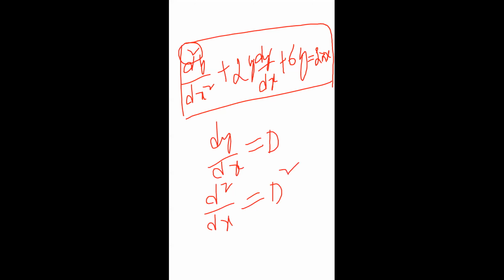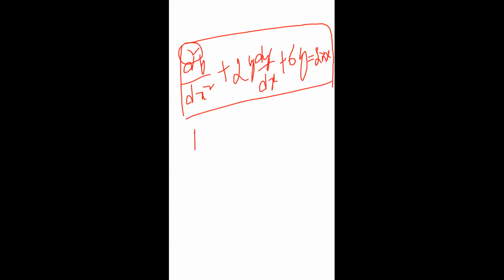So first convert the given higher order differential equation into the symbolic form. Substituting these symbolic notations into the given problem, D square plus 2D plus 6 into y equal to sin x.